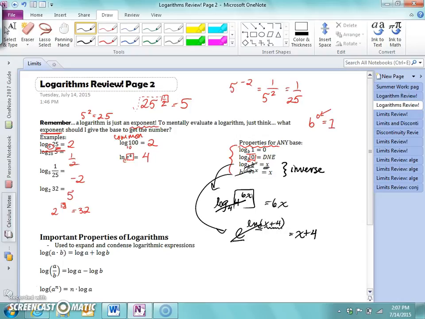A couple properties help out whenever we're trying to simplify, expanding or condensing. If you have log of two numbers multiplied, in order to expand, you would give each its own logarithm and add the two. Here, if you have a logarithm of two or more things divided, you're going to subtract the two logarithms.